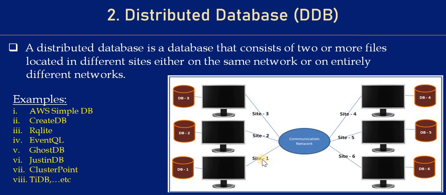We have Site 1, Site 2, Site 3, Site 4, Site 5, and Site 6. We have a different database for each site: Site 1 has DB1, Site 2 has DB2, Site 3 has DB3, Site 4 has DB4, Site 5 has DB5, and Site 6 has DB6.